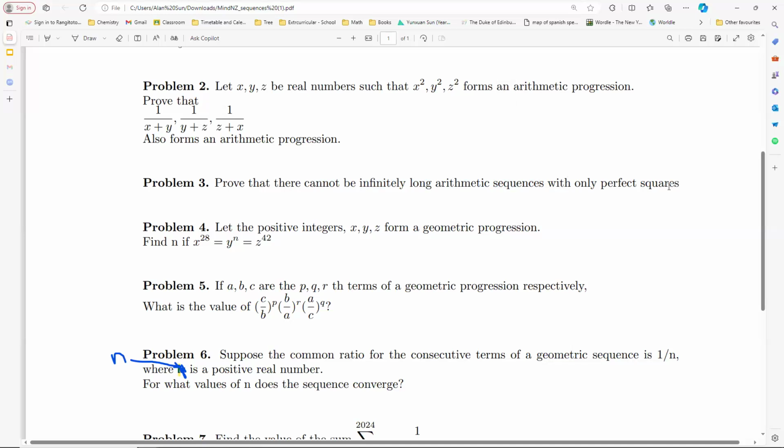So they're all non-negative, which means that if we have an infinitely long arithmetic sequence of perfect squares, will they be increasing or decreasing? Because they're arithmetic, they can only go in one direction: only the same, only increasing, or only decreasing. Can they only decrease and still be infinitely long?